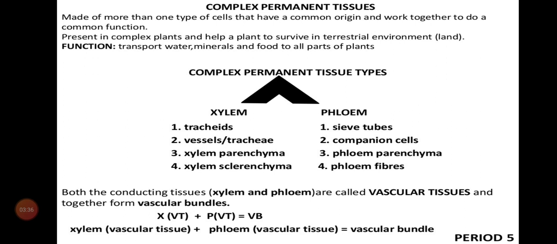So now you have an idea regarding the definition and where we can see the complex permanent tissues. Don't ever forget, complex permanent tissues can be seen in complex plant types like very huge trees, also trees, and very rarely in shrubs, not in herbs. Is that clear? And what is the main function of these complex permanent tissues?